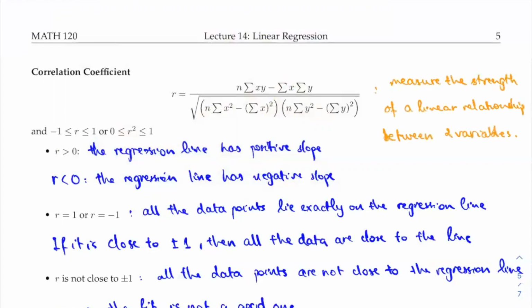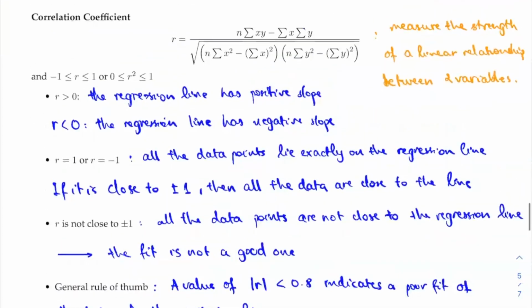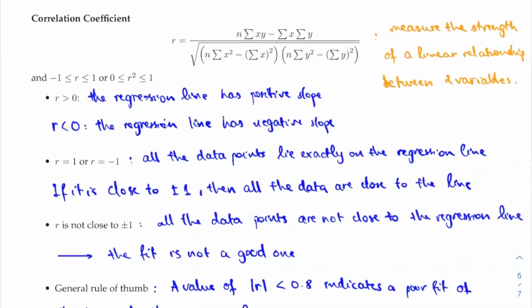In the next couple of examples, we're going to use the data to estimate the value of the slope and the y-intercept. Then we calculate the correlation coefficient to see the strength of the linear relationship between the independent and dependent variables. So let's move on to the example.